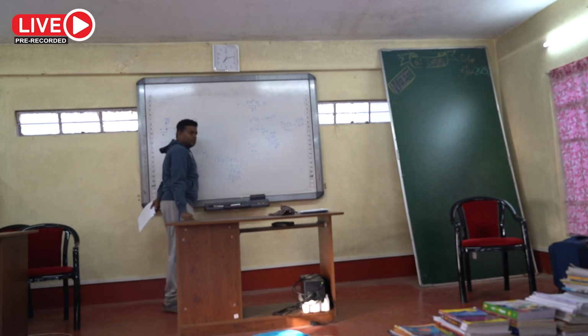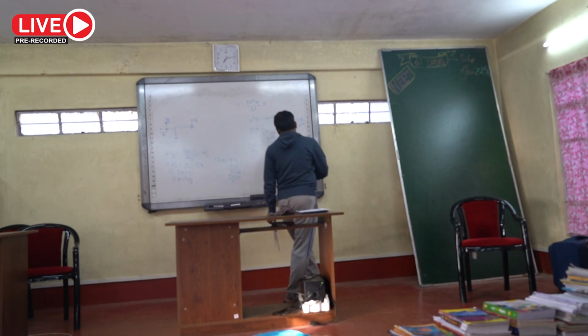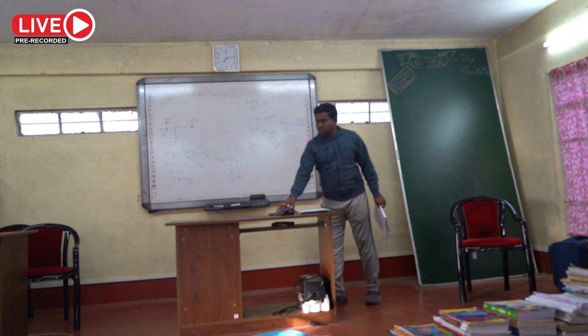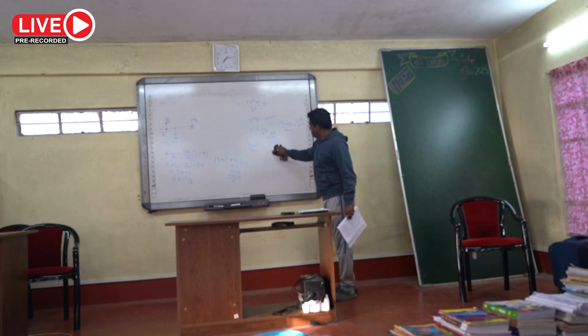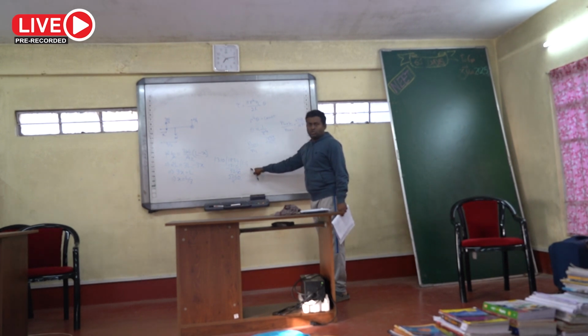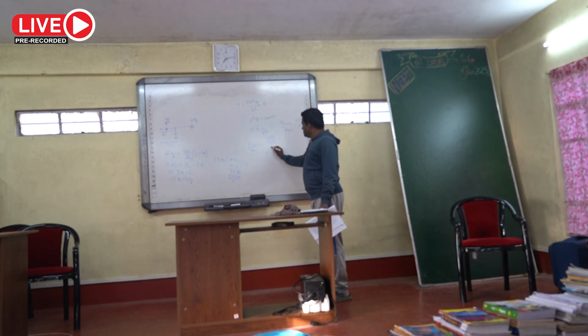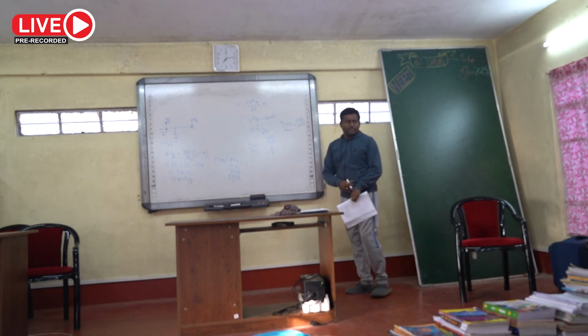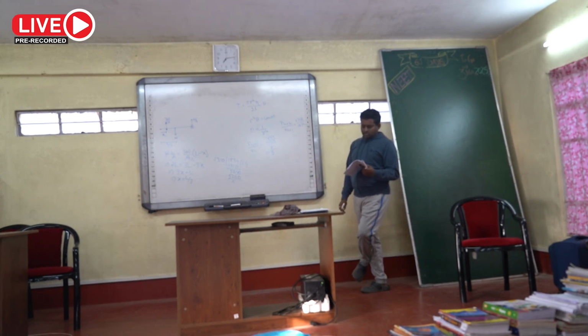It will be 1.4. So 1834 by 1310 is coming 1.4. 1.4 means I can write 14 by 10, that is 7 by 5.